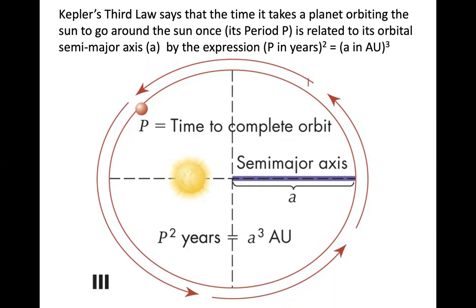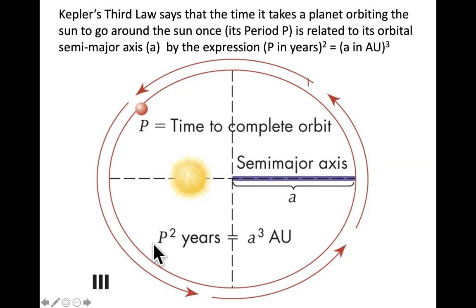Notice this doesn't involve eccentricity at all. Doesn't matter what the eccentricity is. Just matters what the semi-major axis is, which is, again, just half the length across the longest direction of this orbit. Turns out that bigger orbits take longer to complete.